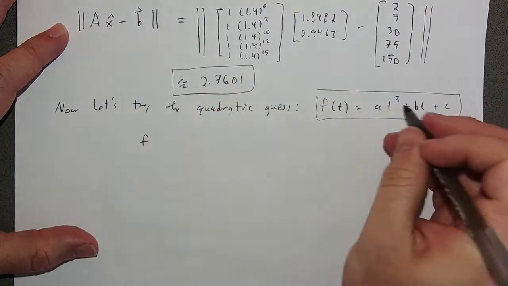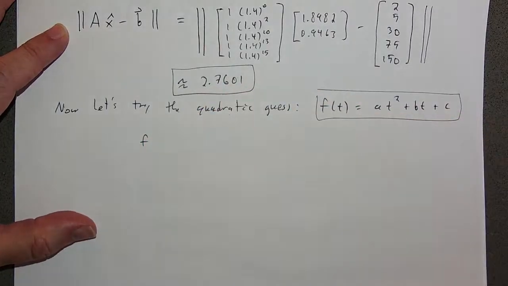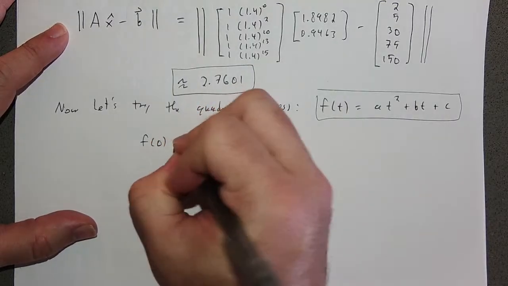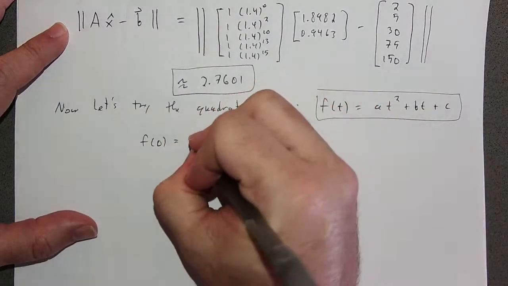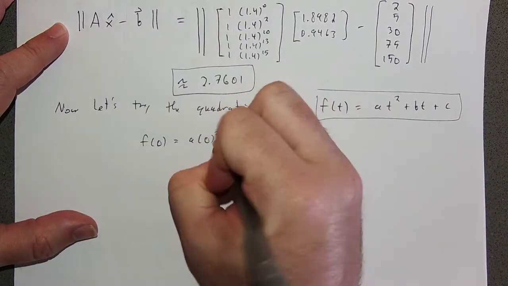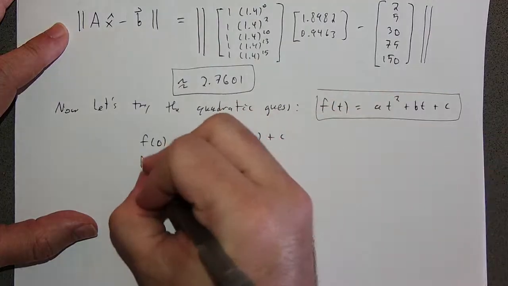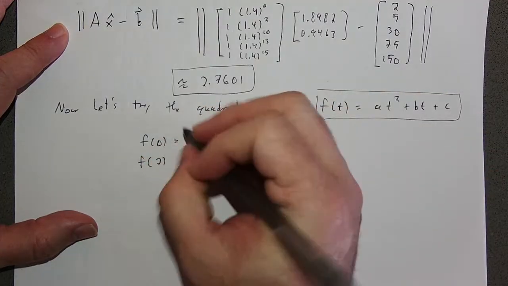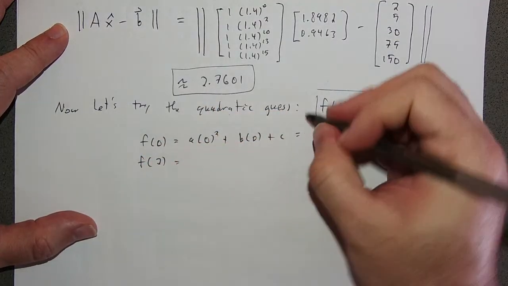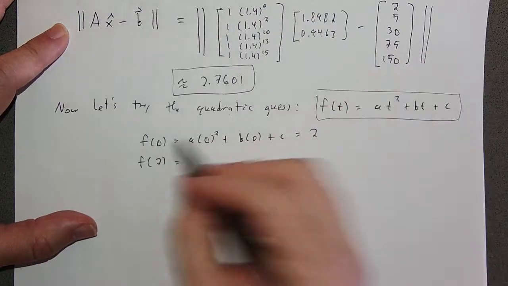If all 5 of those points lay on this parabola, this quadratic thing, then the equations that would result would be f of 0, which is a times 0 squared plus b times 0 plus c, equal to 2, because the point is 0, 2.